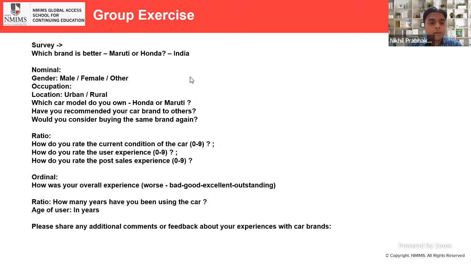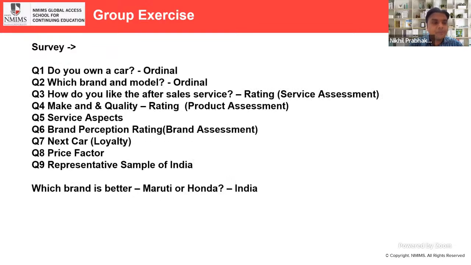So overall, let me also show you the previous batch's response. I think yours is looking more comprehensive, but this was the survey which was created by people in the last batch. They started off with, first of all, figuring out if people own a car or not, and which brand and model they are owning.